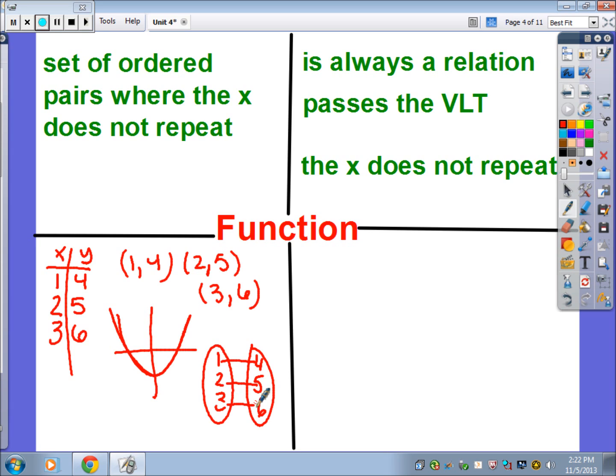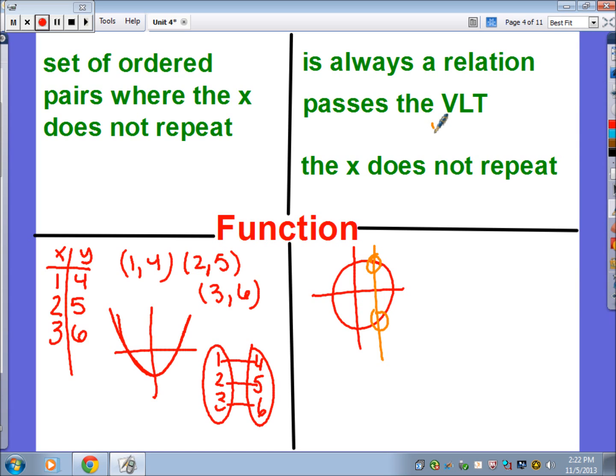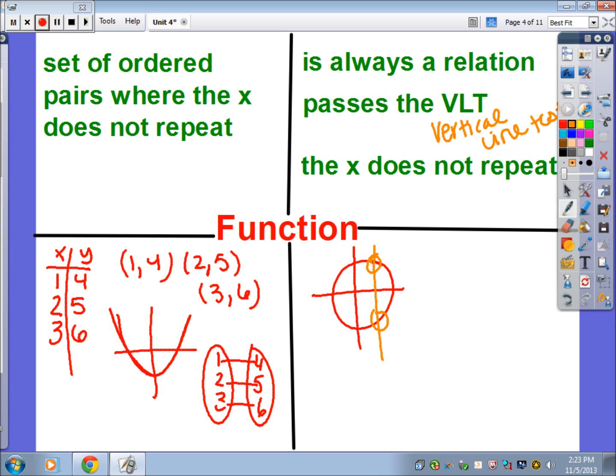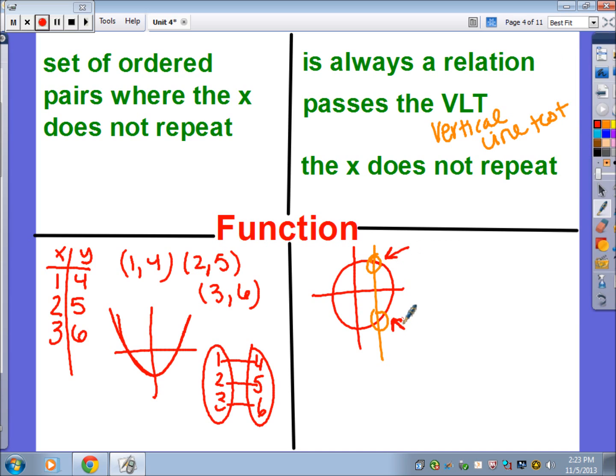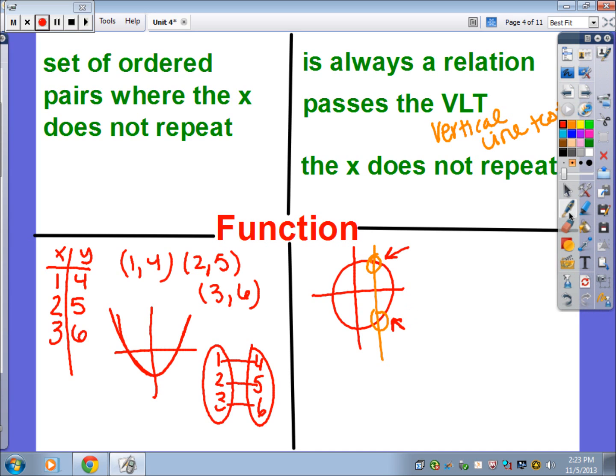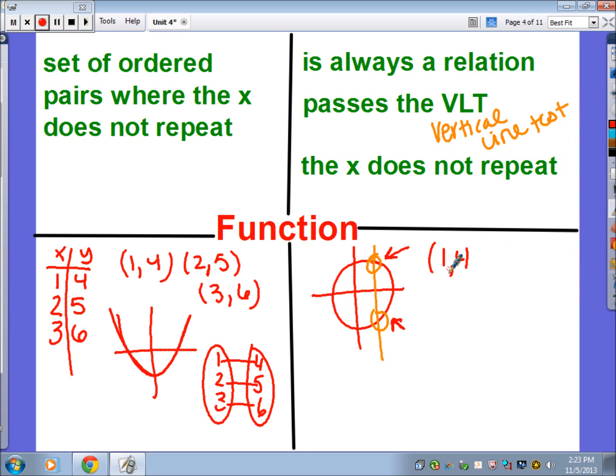Some things that are not functions. The graph of a circle is not a function. It's not a function because it does not pass the VLT, or vertical line test. And you can see it violates here and here. Anything where the x repeats, so (1, 4), (1, 5), (2, 5).